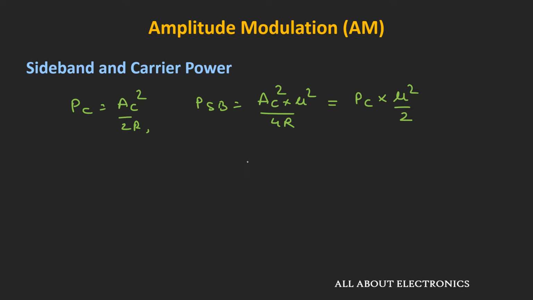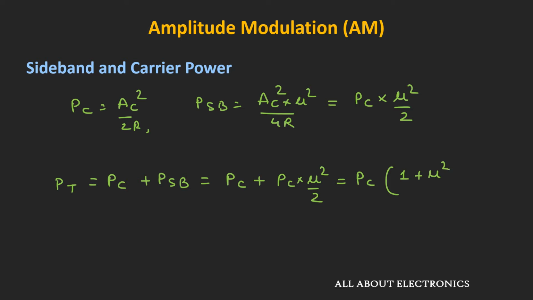So in case of this amplitude modulation, the total transmitted power, that is PT, is equal to carrier power plus sideband power. That is equal to PC plus PC times mu square divided by 2. Or we can say that it is equal to PC times 1 plus mu square divided by 2. So that is the expression of the total transmitted power in terms of the carrier power.